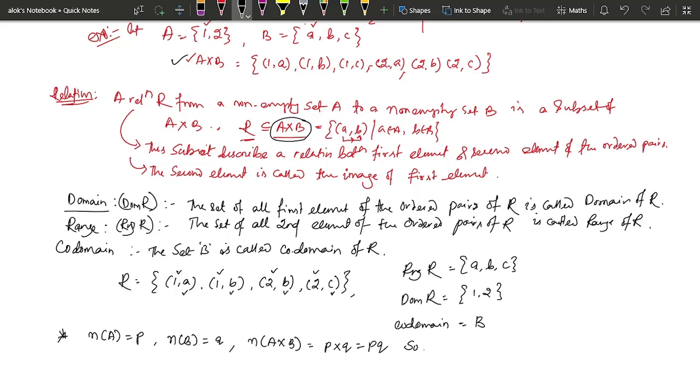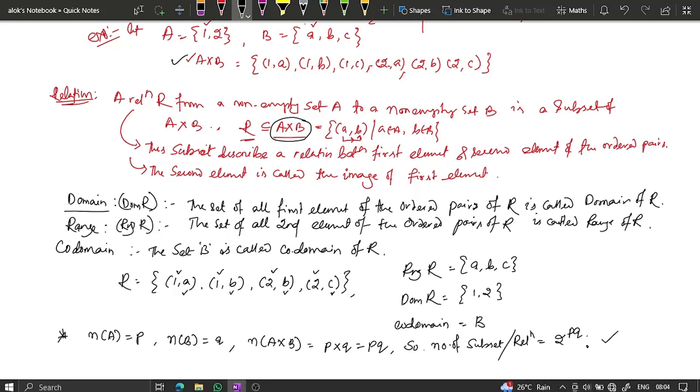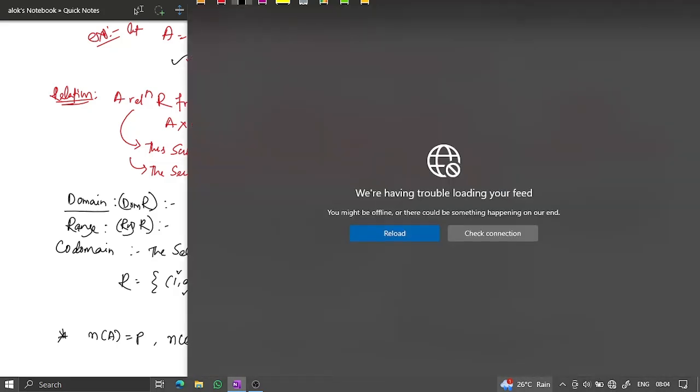So how many subsets, or relations, will be formed in the set A cross B? It will be 2 to the power PQ. This is an important formula. Now we'll learn about types of relation.